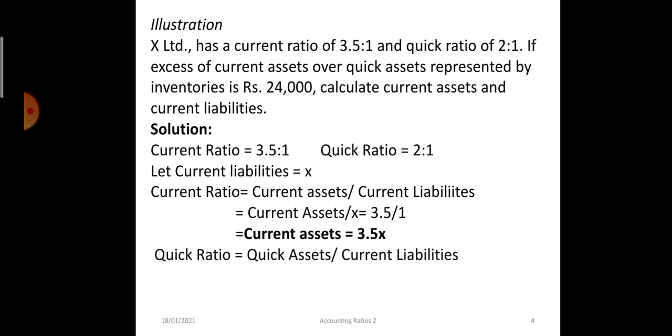In the same manner, quick assets upon current liabilities is equal to 2:1. So quick assets is equal to 2 times X. And as mentioned earlier, the difference between current assets and quick assets is the value of inventory, assuming that prepaid expenses are nil.